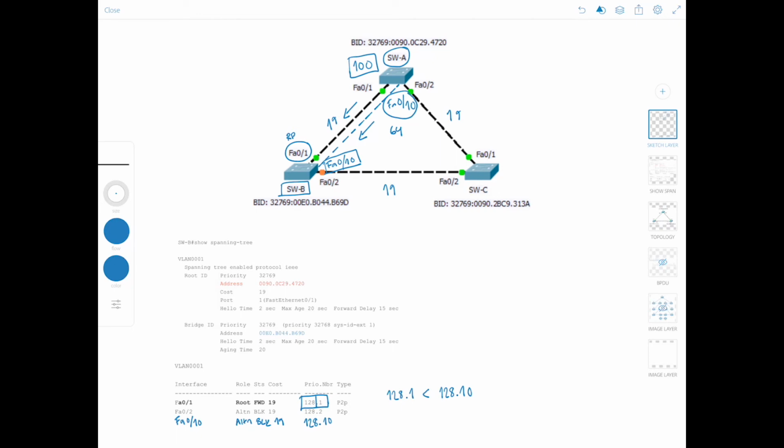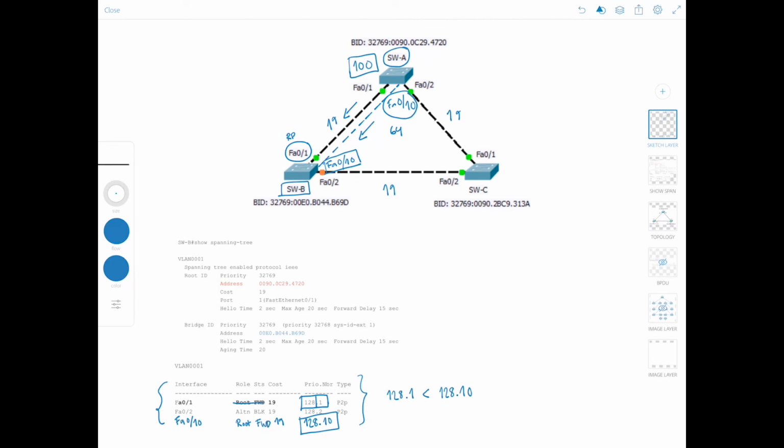So you would not see it in this output. You would still see this value, but what would have changed is that instead of this being alternate blocking, it would have become the root and forwarding.